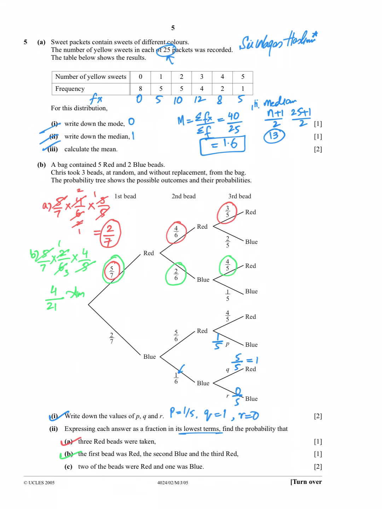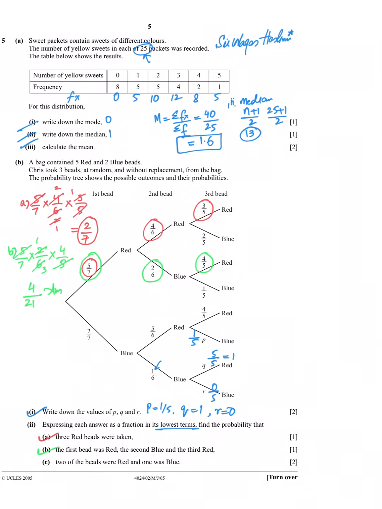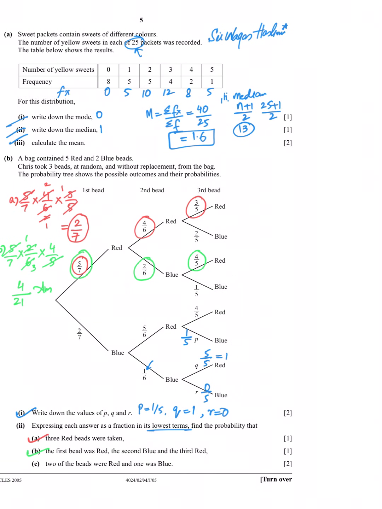Last one. Two of the beads were red and one was blue. So let me just get a little bit of space here. Alright. For part C, now you can observe that in part B, the sequence was fixed: the first should be red, the second should be blue, and the third should be red. But in part C, the sequence is not fixed, right? It says two beads were red and one was blue.